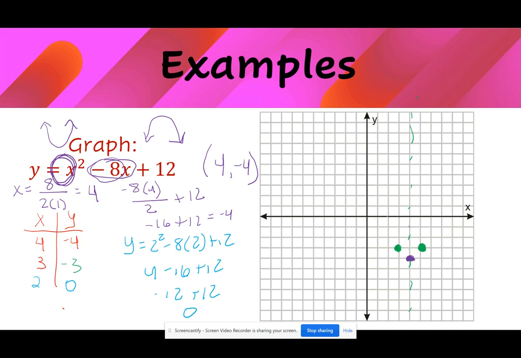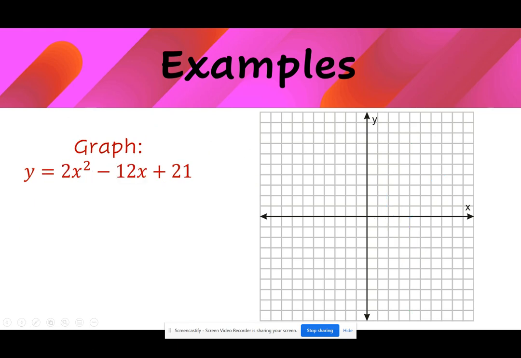So our point is 2, 0. And then using your axis of symmetry, you're 2 spaces from the axis of symmetry, so you count 2 this way. And now I just erased everything, but we had our point here. So then you can just draw it, and that's your parabola. So you're only really plugging in 2 extra numbers here because you're going to use your axis of symmetry to find the other ones.